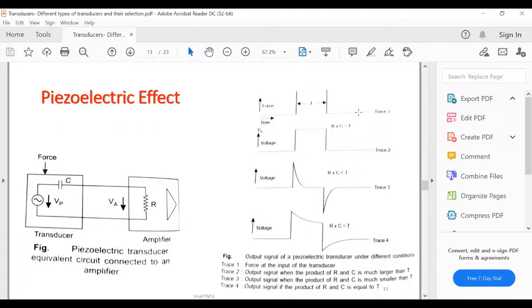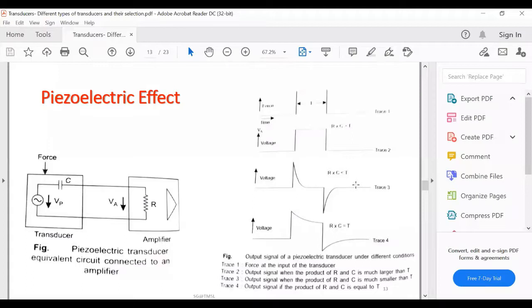Now, in trace 3, if you look at this diagram, if the product of resistance and capacitance, R into C, is much smaller than T, the voltage at the amplifier input is proportional to the time derivative of the force at the transducer, or proportional to the rate at which the applied force changes.